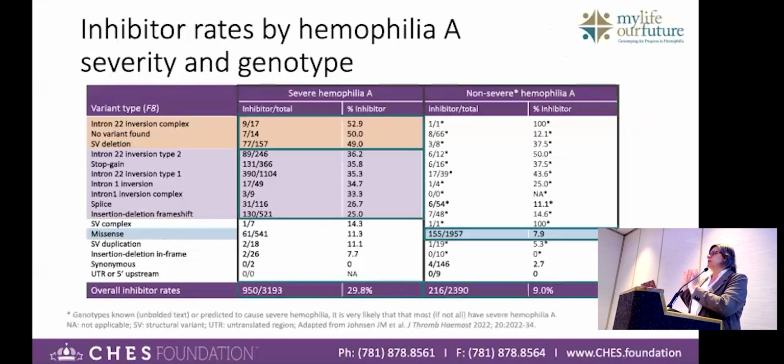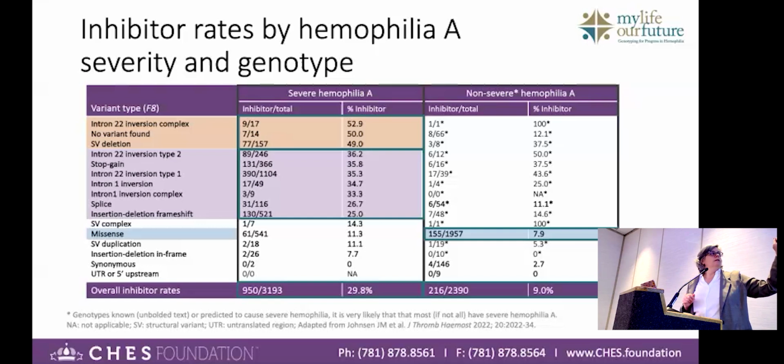So first, what did we learn in the program? Again, the slides will be available to you and they're also published, but I'm just highlighting the main points. In hemophilia A, we broke people down by whether they have severe hemophilia A or basically non-severe hemophilia A, based upon our hypothesis that if you make a little factor VIII, it's different than if you don't.